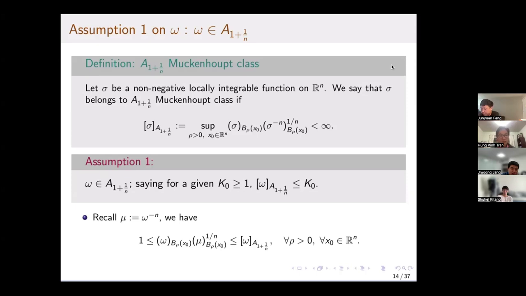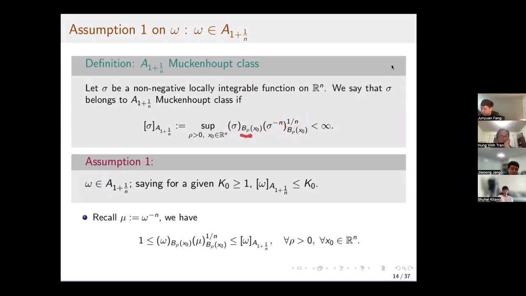If sigma is a non-negative locally integrable function on R^n, we say sigma belongs to the A_{1+1/n} Muckenhoupt class if this number is finite. You will see this: the average of sigma on the ball B below x naught, times the average of sigma to the negative n on this ball to the 1 over n.